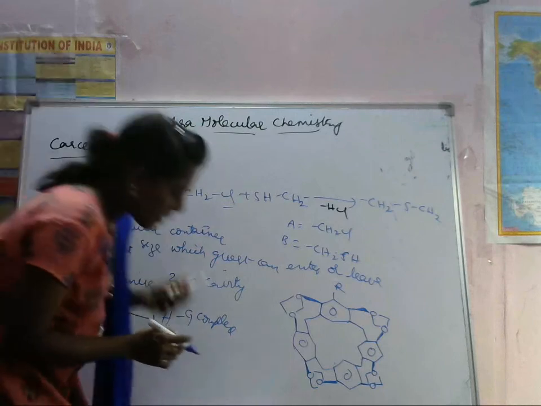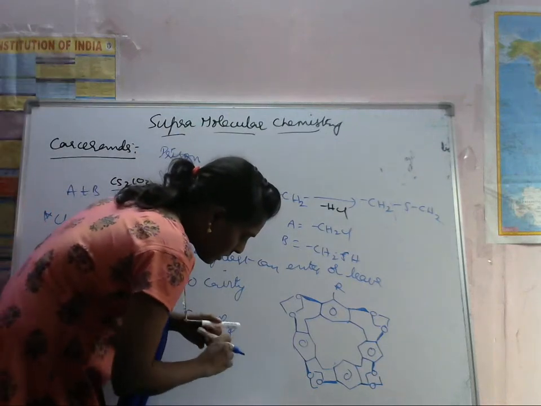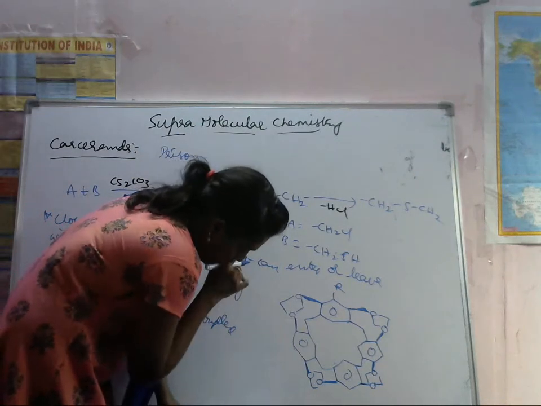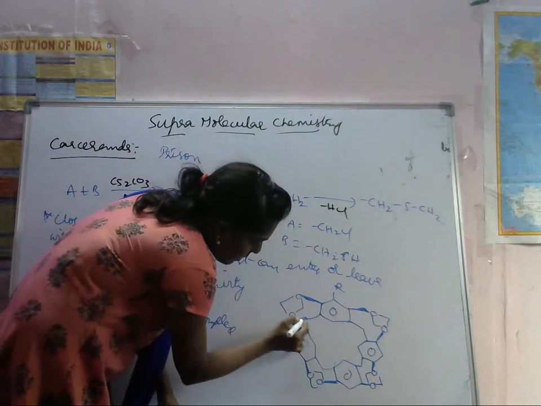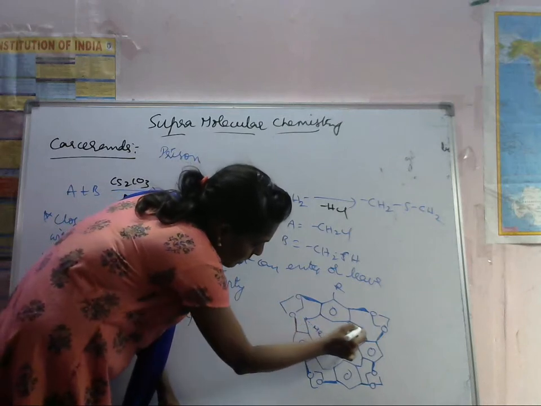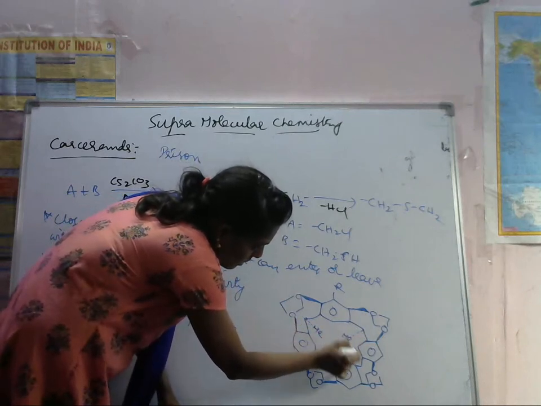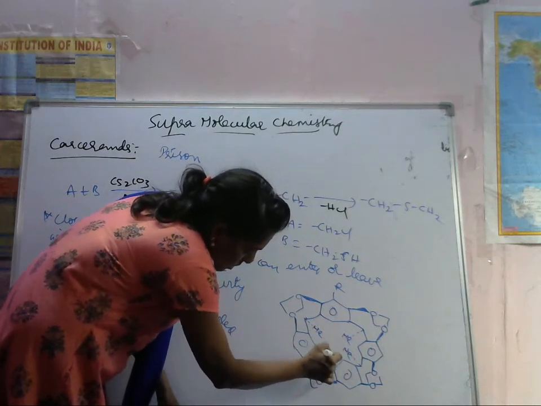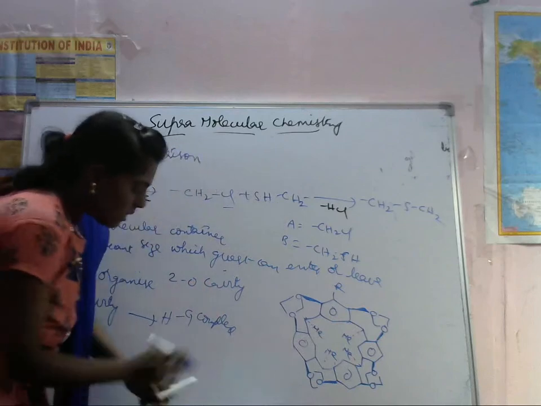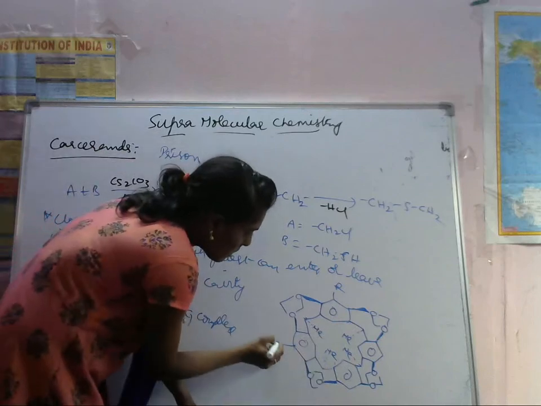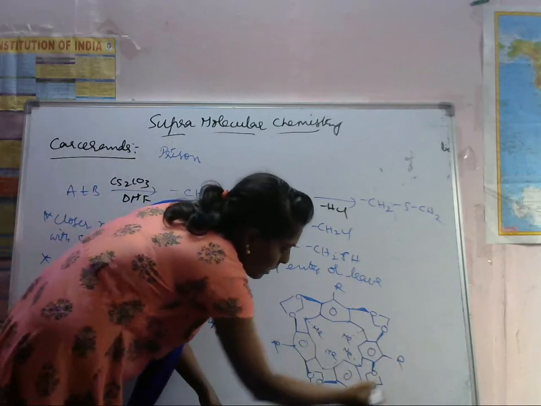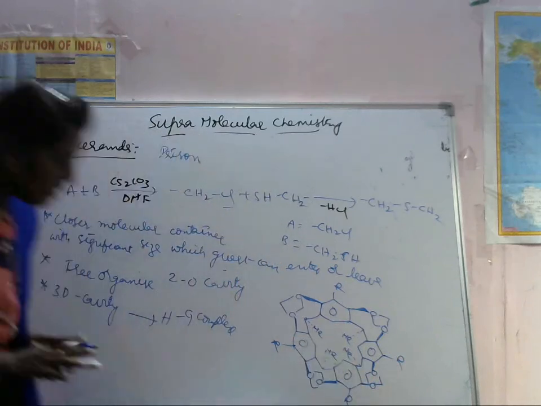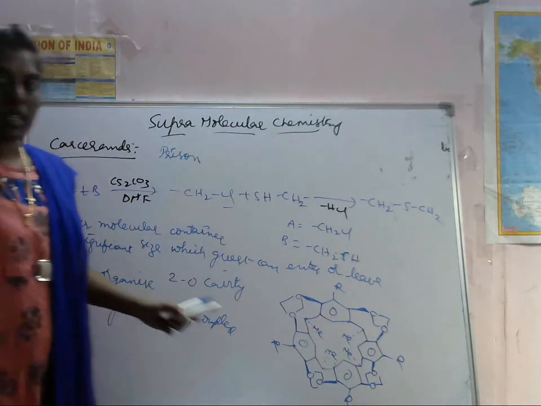Here again it has methyl groups, and here also methyl, and this is R, here R, here R. So this group is like this.